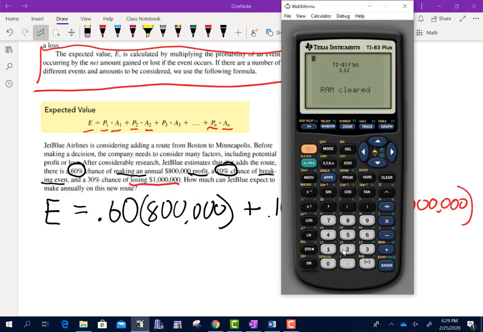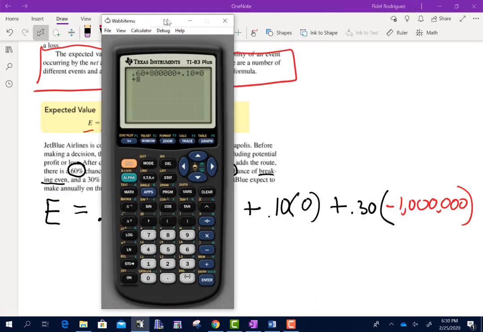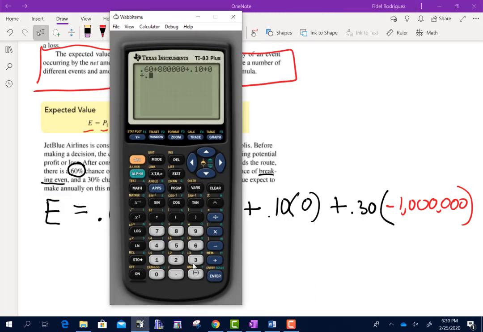and turn it on, clear it out. Okay, so we're going to take 0.60 times 800,000, okay, plus 0.10 times 0 plus 0.30 times negative 1 million.